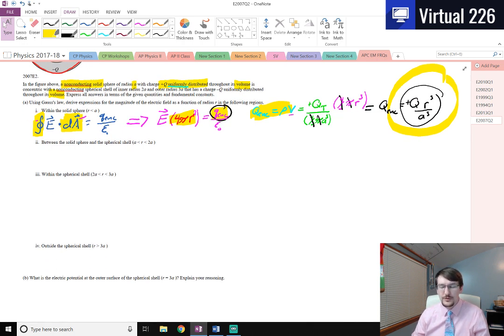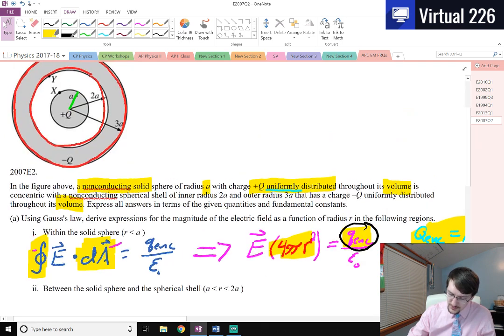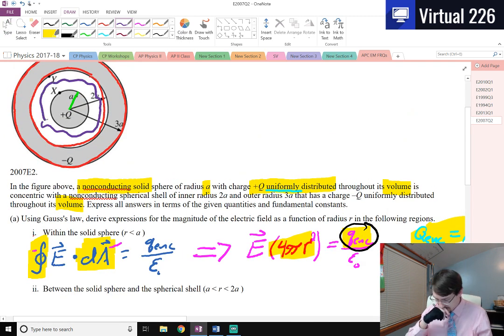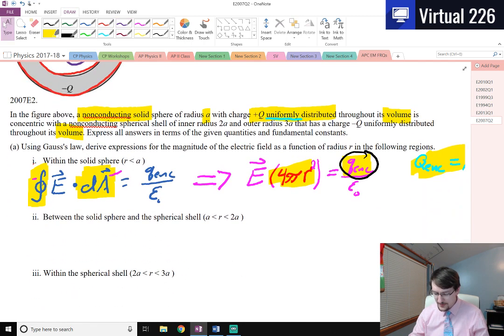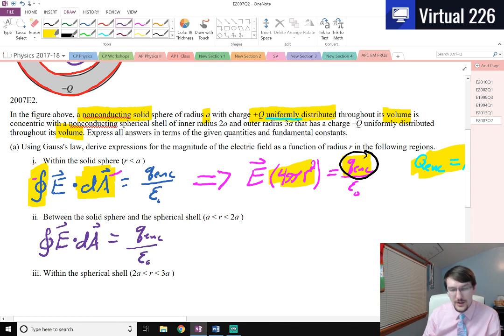Well, if you want to do it between the solid sphere and the spherical shell, what's your electric field at any point within this purple region? That's not bad to do. We still use Gauss's law. The electric field dotted dA equals the charge enclosed over epsilon naught.